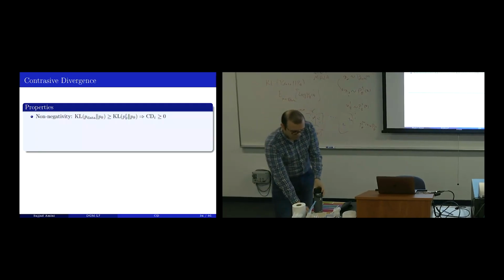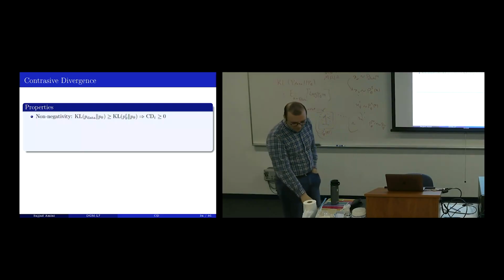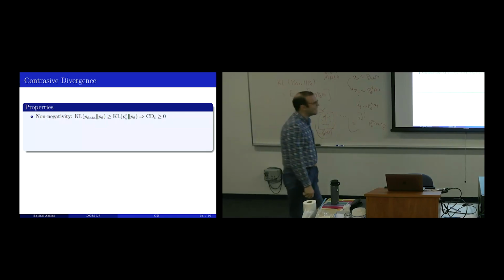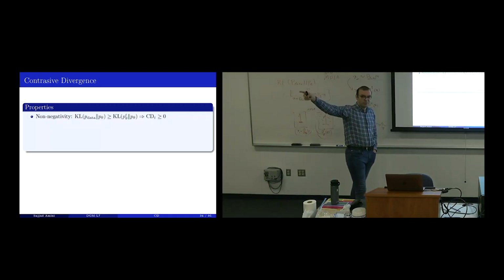Yes? You mentioned that when P data and P theta are the same, CD is zero only when we calculate KL exactly, not its estimation. Yes, we have the problem of estimation. But then how can we calculate KL without knowing the end distribution? Oh yeah, we will see how you can calculate KL without having the end distribution.